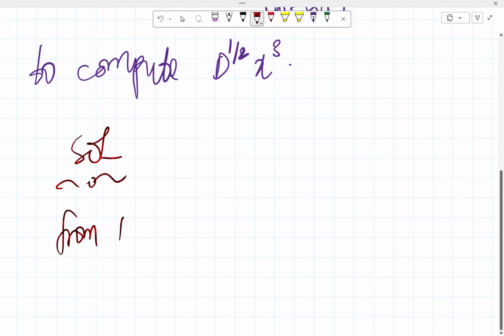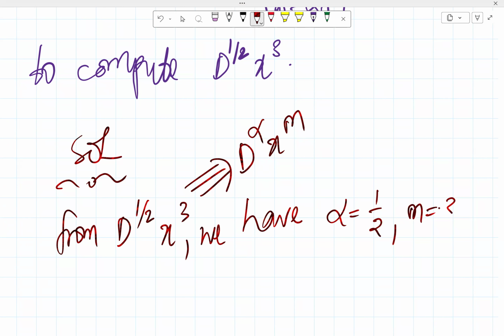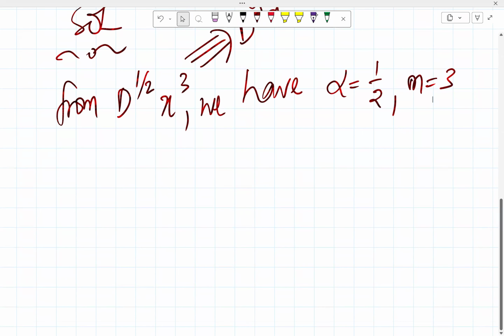First, from the half derivative of x raised to power 3, if you compare this with the derivative of order alpha of x raised to power m, that means alpha is half and m is equal to 3. So we have all that sorted. With that in place, the half derivative of x cubed equals gamma of m plus 1 over gamma of m minus alpha plus 1, times x raised to power m minus alpha.